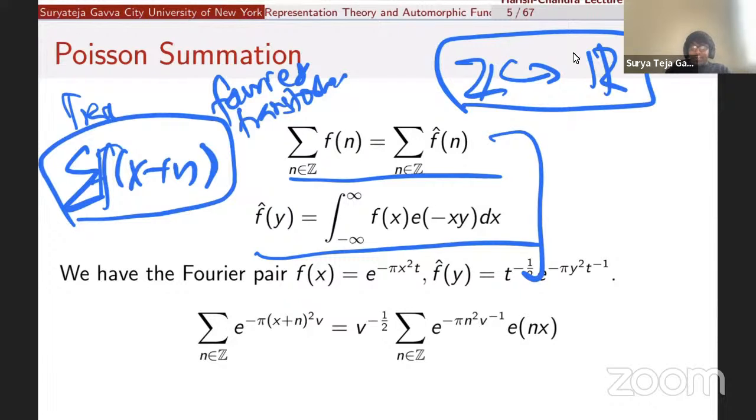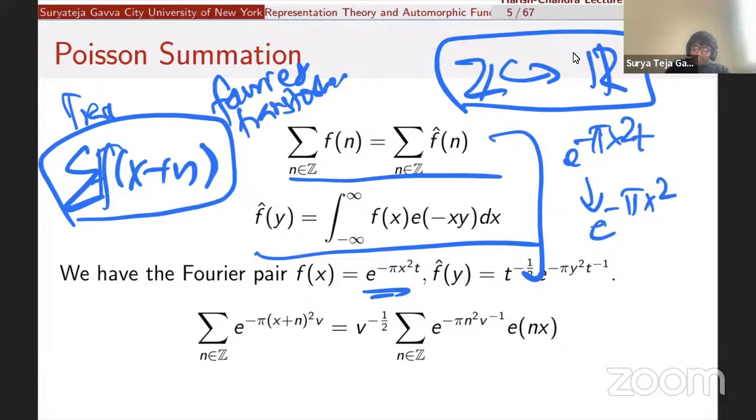At least for analytic number theorists, it's really helpful, and it's probably one of the most important tools. For instance, if you plug in some important functions, like Gaussians: when t equals 1, e to the minus pi x squared has as its Fourier transform exactly e to the minus pi x squared.